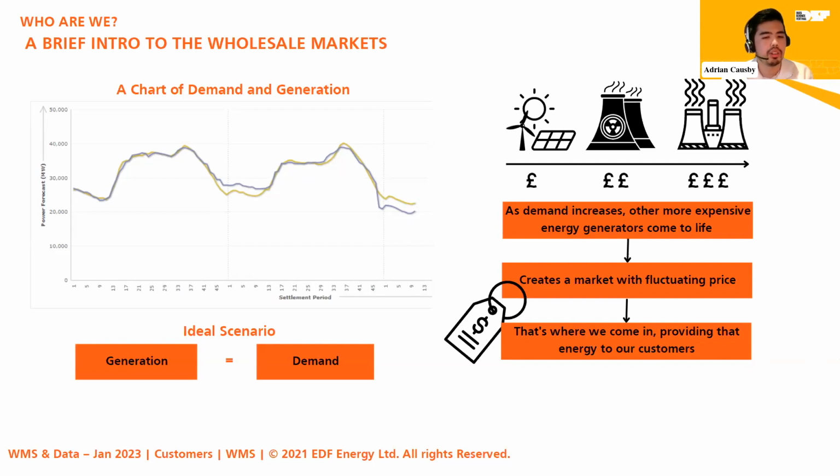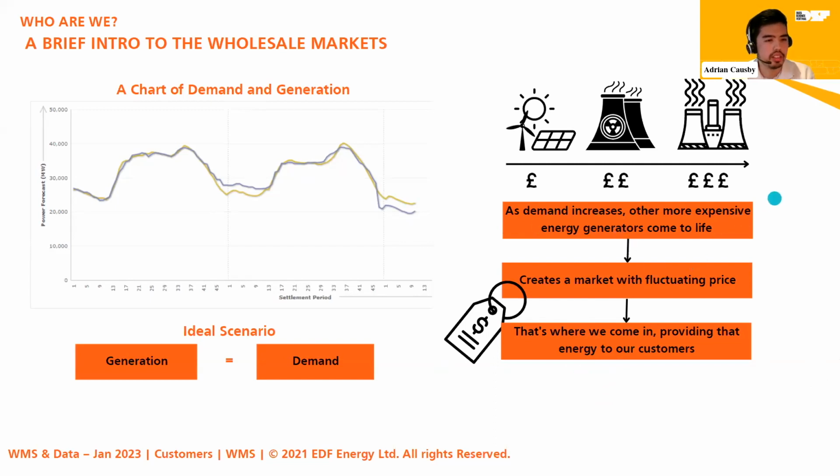In an ideal scenario, we want to keep the difference between demand and generation at zero, because if that doesn't happen, then you get blackouts, transmission lines burning, and bad things happen basically. So we always want to keep that imbalance, as we call it, at a net zero.